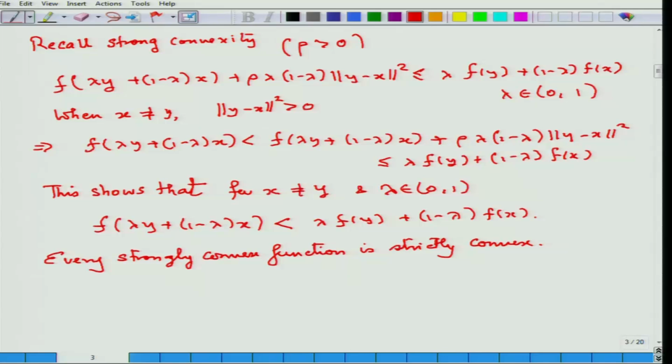So, again I start with a very simple problem, but it is homework for you.